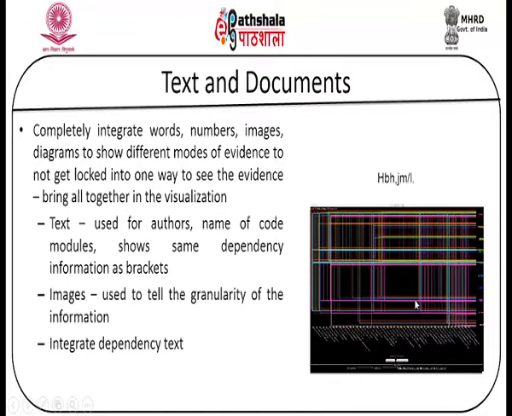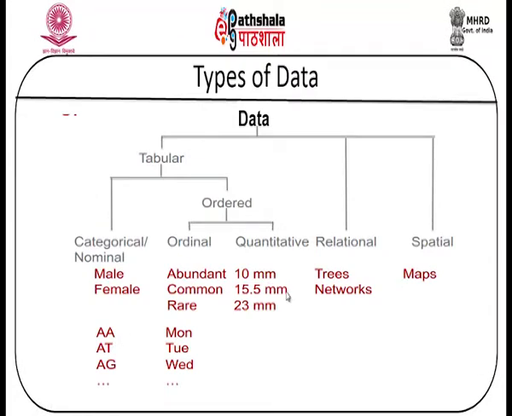The text can be in the form of the name of the author or the name of the code modules. The text can also show some dependency information as brackets and things like that. Images can be used to tell the granularity of the information, and we try to integrate the entire dependency text as such. So this is text or document visualization.